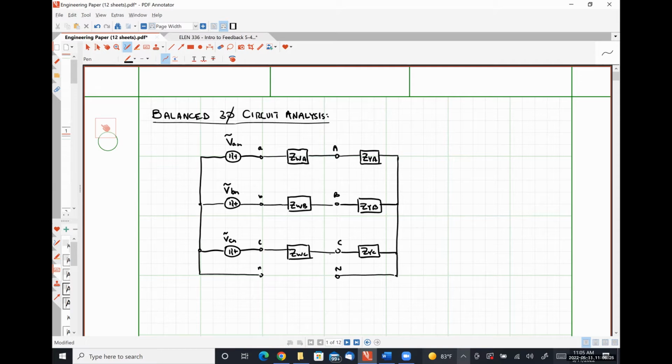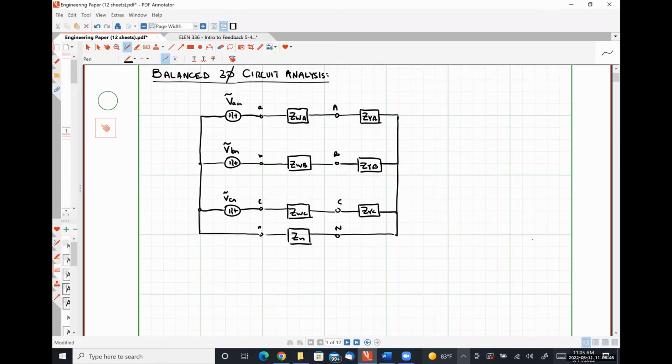And additionally, we are going to consider what happens if we have a neutral conductor with some finite impedance, which I'm just going to call ZN. All right. So this circuit is considered balanced under the following criteria.